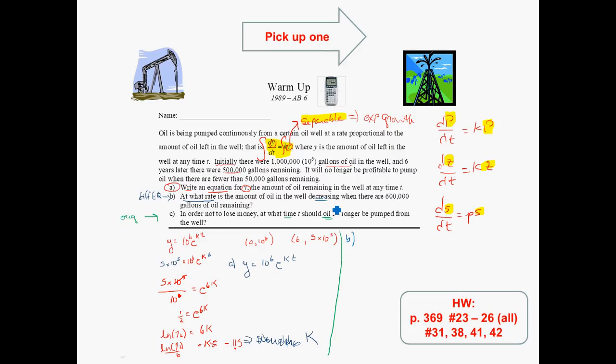So I expect a negative rate when there are 600,000 gallons of oil remaining. So remember, the derivative of y with respect to t is ky, but my k is negative 0.115. Well, remember, y is gallons and t is time in years.